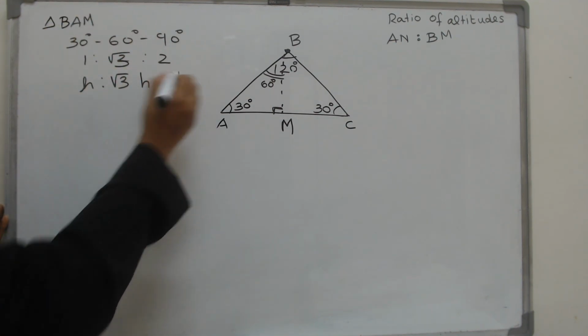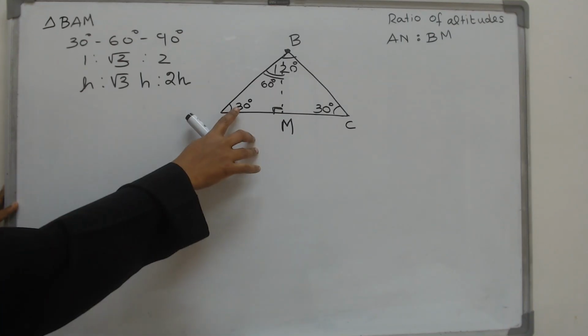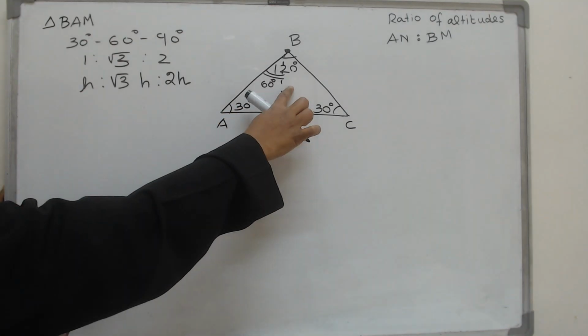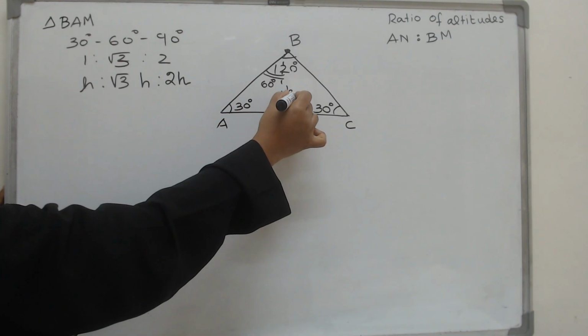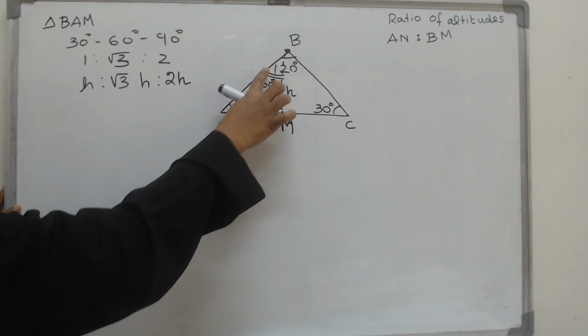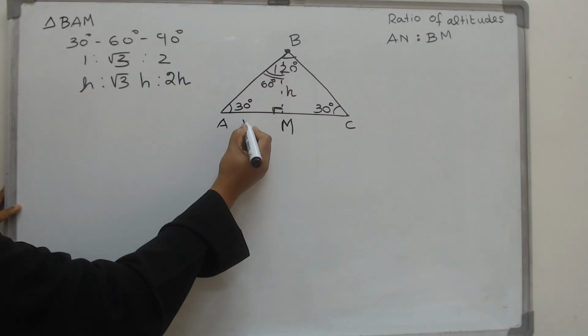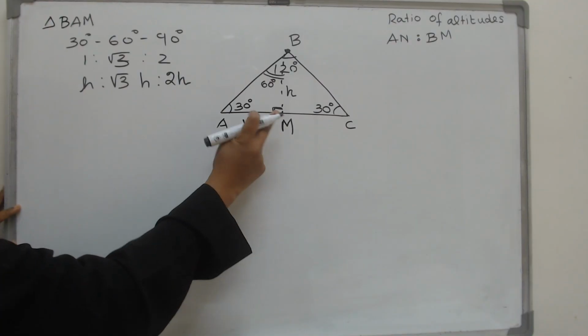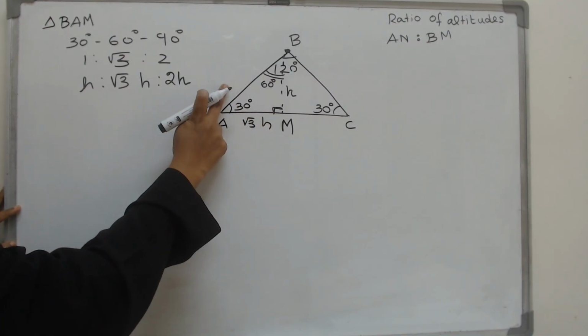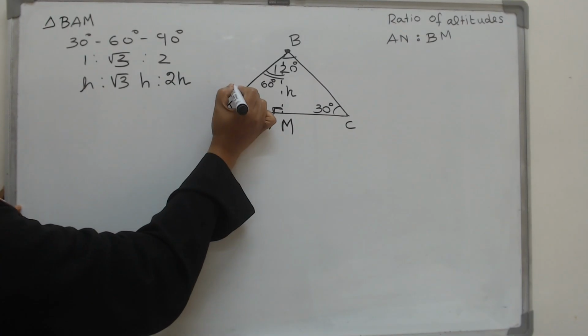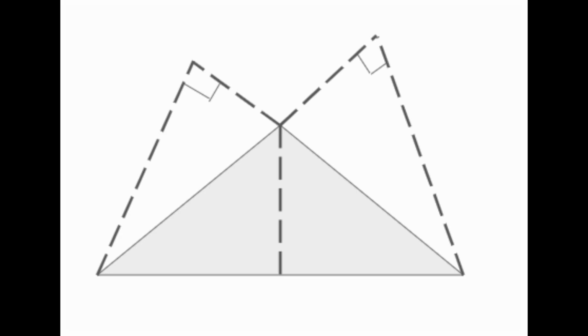It will be 2H. Now here we have a 30 degrees, then this side let us name as H. Then this side, the one opposite 60 degrees is going to be root 3H, and the hypotenuse, the one opposite of 90 degrees, is going to be 2H.